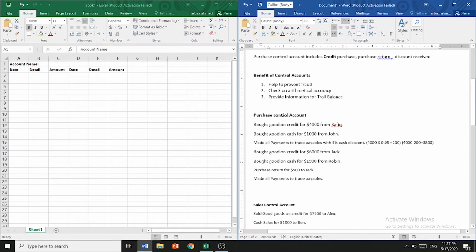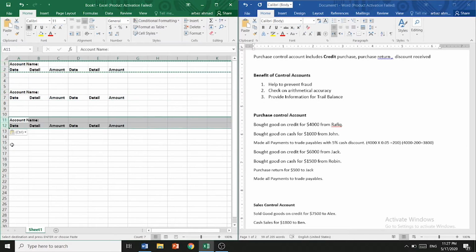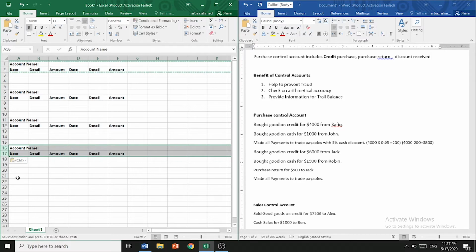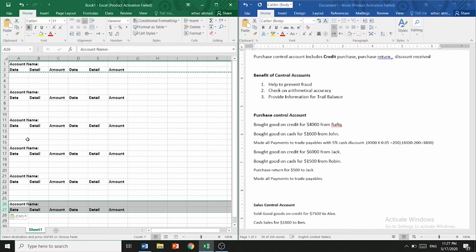Okay, so I have made some of my own examples here, and let me copy this because I will need a couple of accounts over here. I'm just copy pasting. Okay, so I have copied the format of this account, so I will write the name of the account I am going to post the entry.